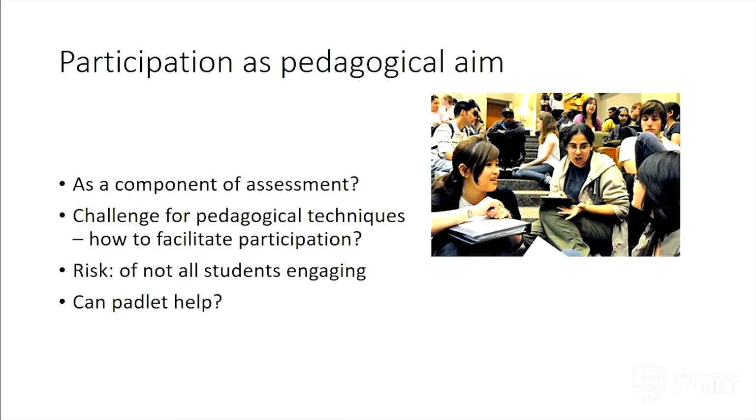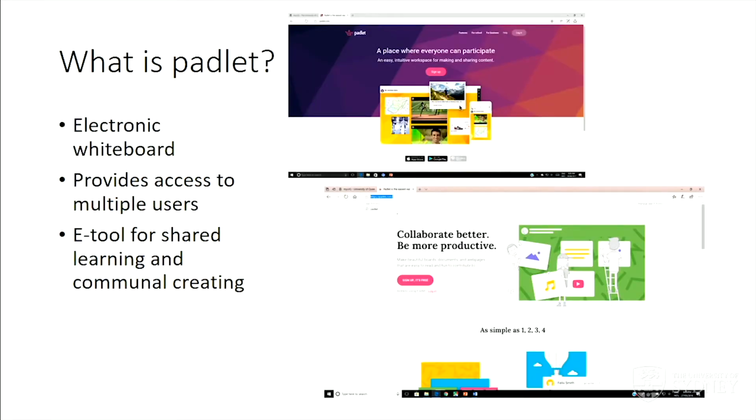I've been thinking about this over the last 3 years, and I came across Padlet and I've been using it increasingly in my teaching, and I think it has really helped in that area. Okay, so what is it? It's an electronic whiteboard. This was their old logo, a place where everyone can participate. Their new logo is collaborate better, be more productive, and I think both of those logos are actually spot on.